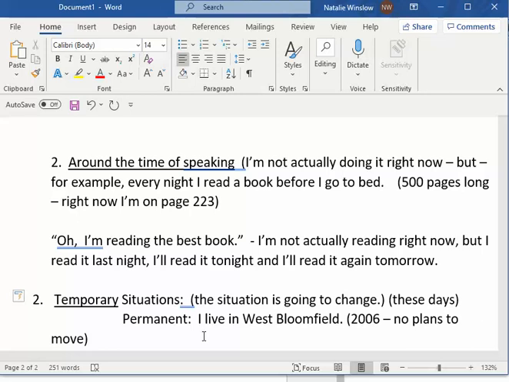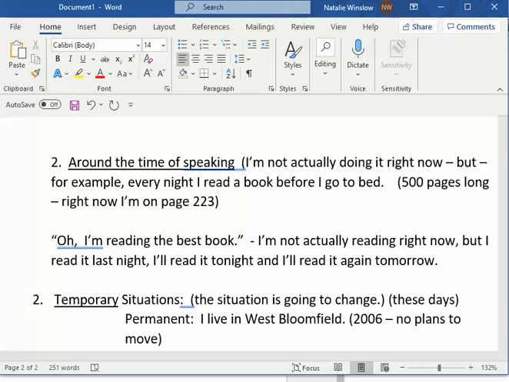So we have lived here for, what is that, 15 years? 2006, 16, 17, 18, 19, 21, 15 years, about. All right. So we have no plans to move.